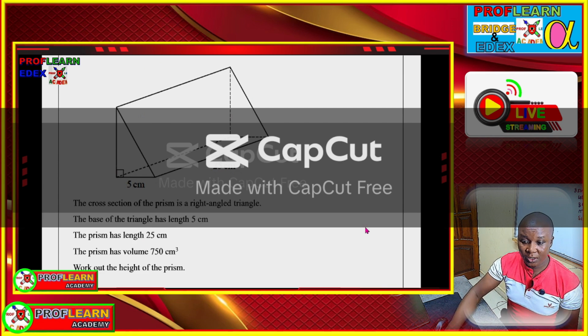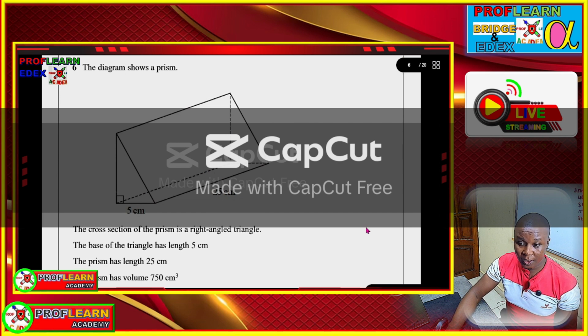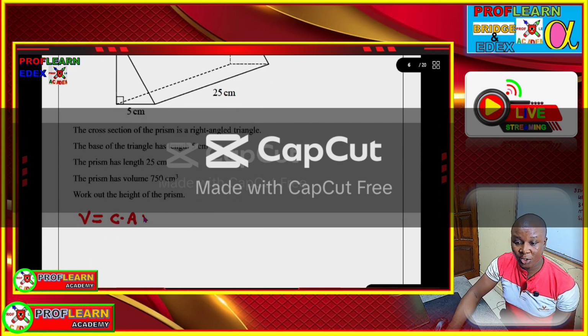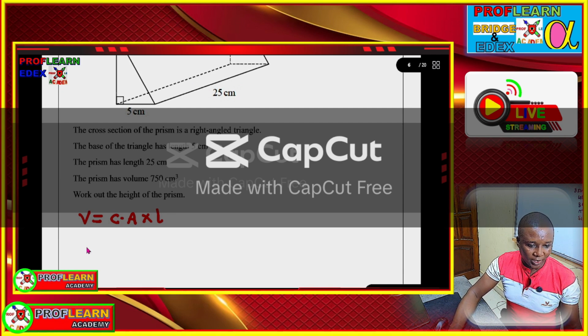So the first thing that we are supposed to remember in this particular question, in order to work it out, is that volume is cross-section area times the length of the prism. So once we have taken note of that, we can now substitute whatever we are given.